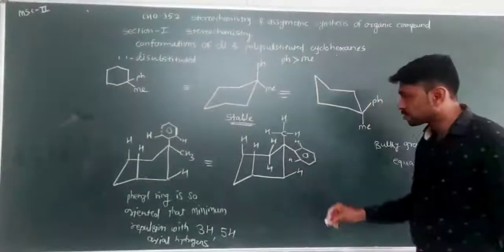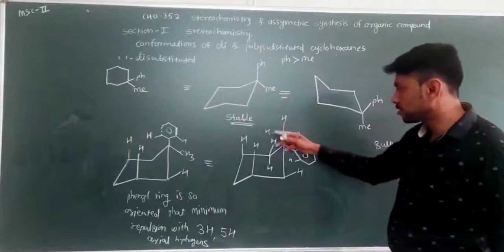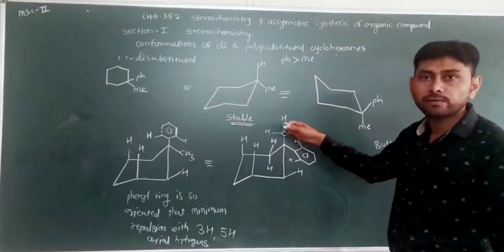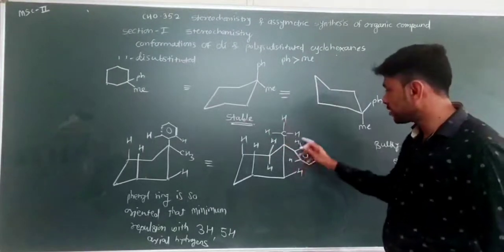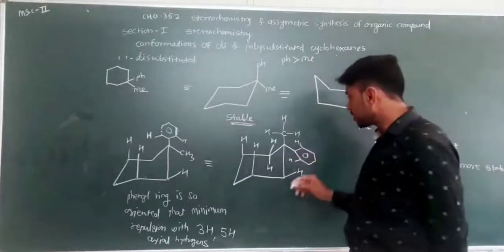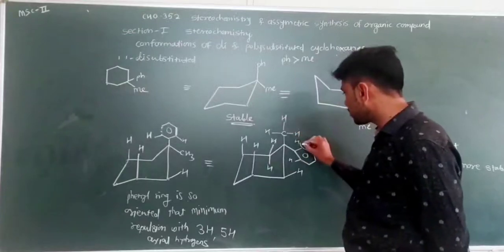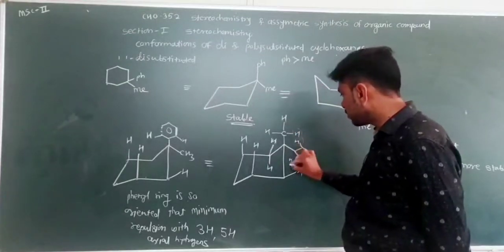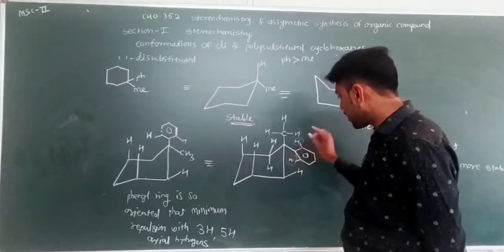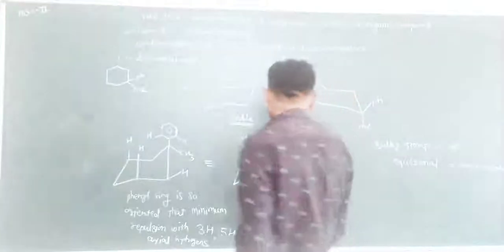Let's see another structure where we change the groups, that is, the CH3 group is kept in an axial position and the bulkiest group is kept in an equatorial position. But in this case, the hydrogens of the CH3 and the hydrogens of the phenyl ring have strong interaction.